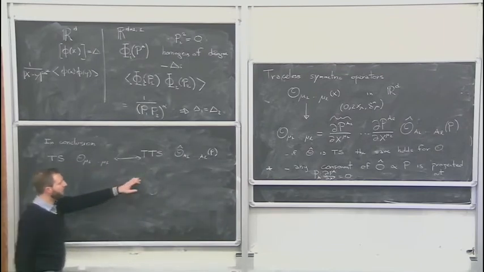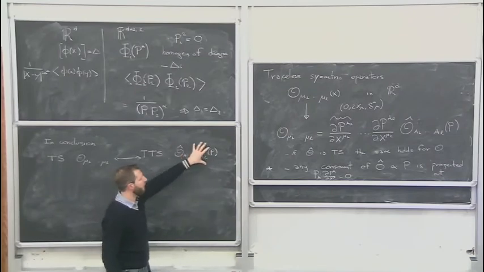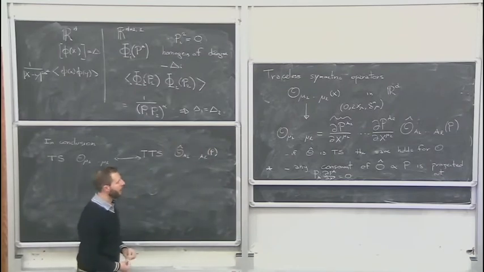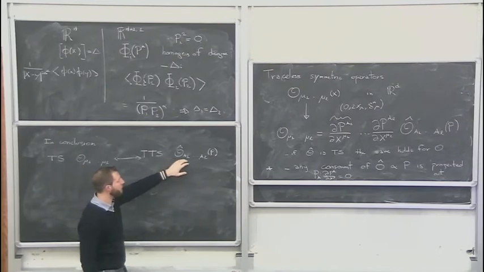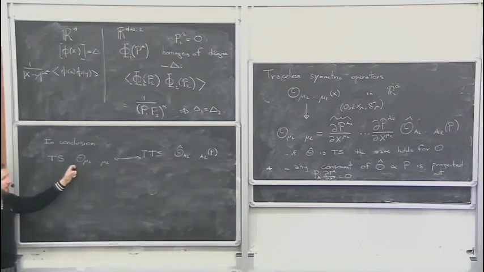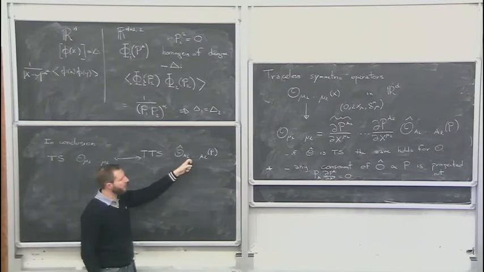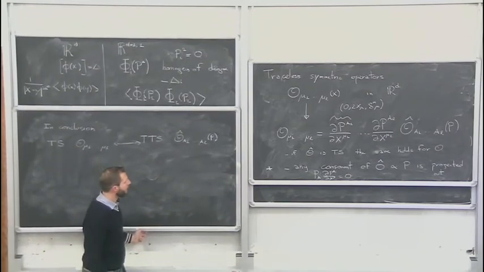Okay. And now we can ask ourselves, what are the correlation functions of such an object? Answering this question in the original space is a nightmare, but in the new space it is not that difficult. So let's make an example.